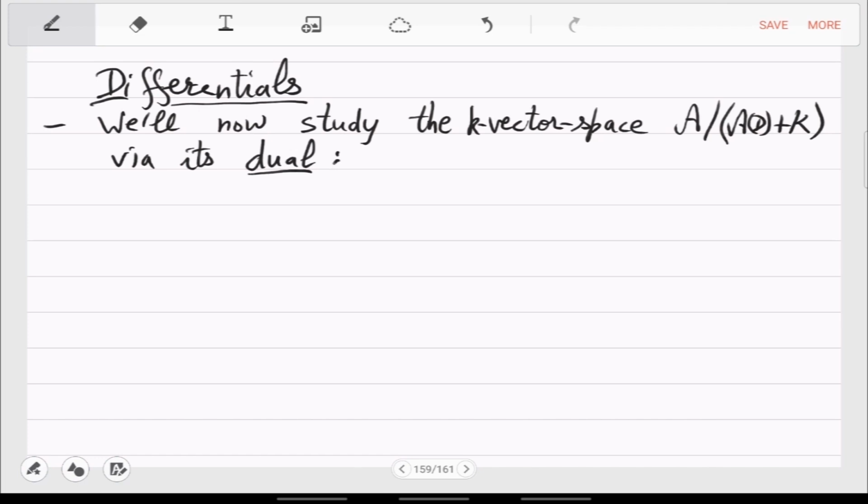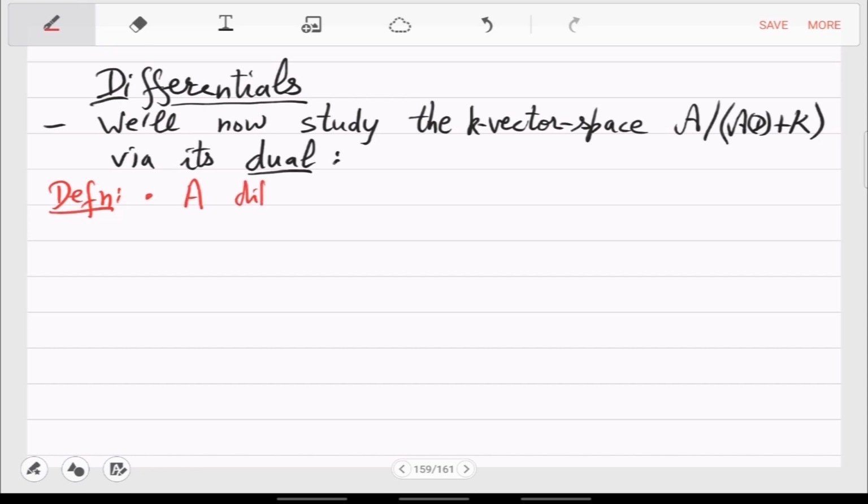And what is the dual of a vector space? We are using dual also in two ways. First, we said that we want to have a dual of the LD sheaf, which is this A mod AD plus K, and now we'll study it via its vector space dual, which is basically homomorphisms that send elements from here to the base field small k. So that we define as a differential of the function field.